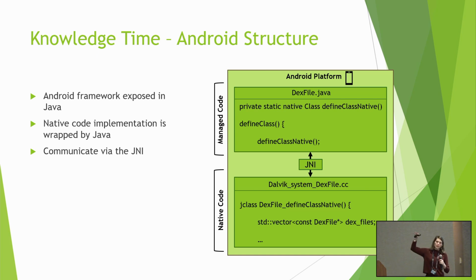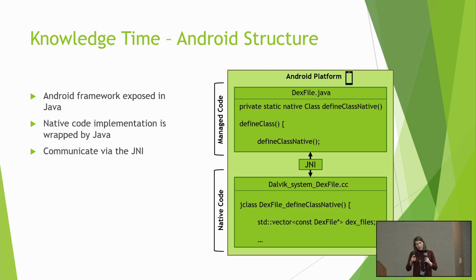So your top level layer up here is going to be all exposed as Java methods, Java classes, and Java variables. So you import those, but what you might not realize is that inside of the Android source code on the back end, a lot of the functionality is actually implemented in native code. Native code in Android would be C, C++, assembly code that is compiled to run on a particular processor architecture.